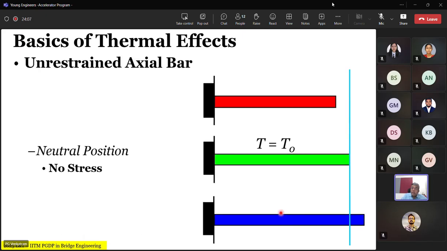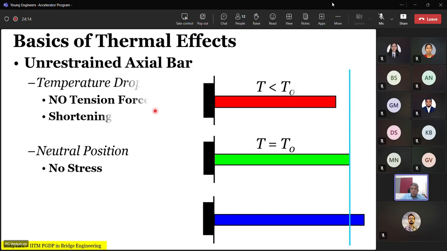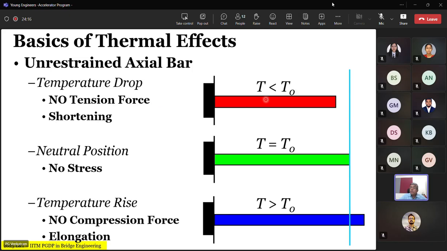But in an unrestrained bar, when the temperature goes down, you end up with no tension, but there is a change in the length of the bar. And when the temperature goes up, there is no compression, but there is an extension of the bar. And this is the price you may have to pay when you allow the structure to breathe.